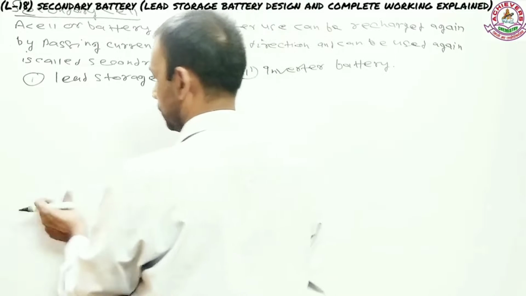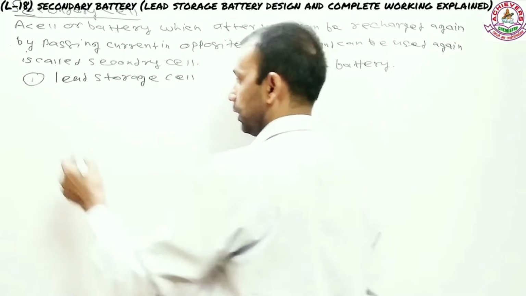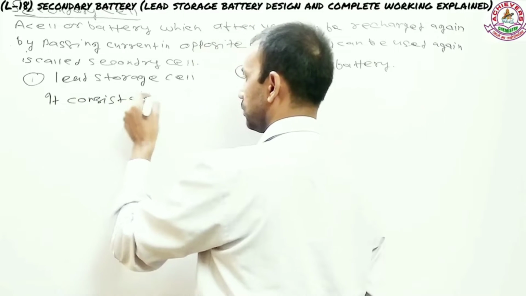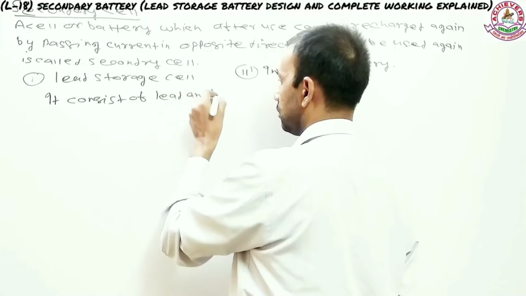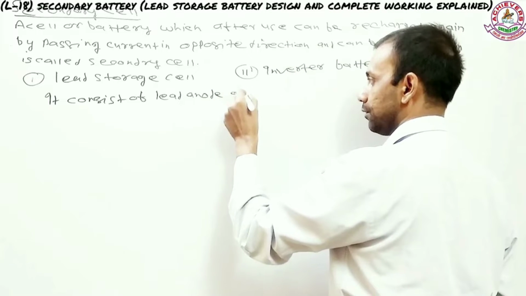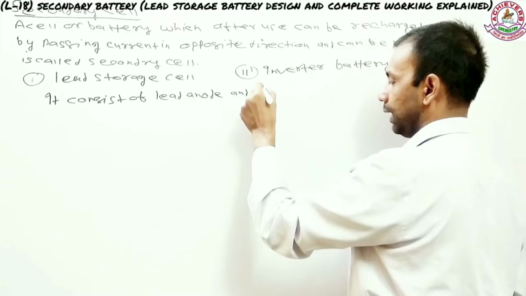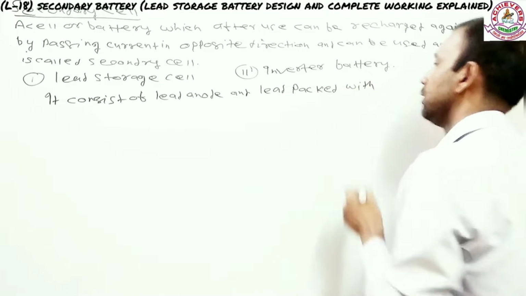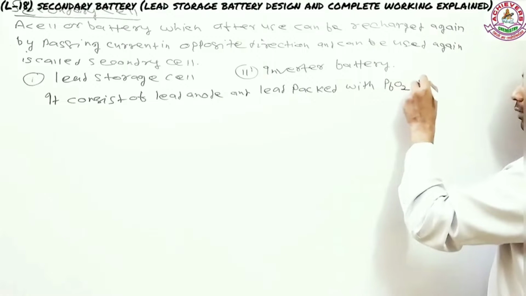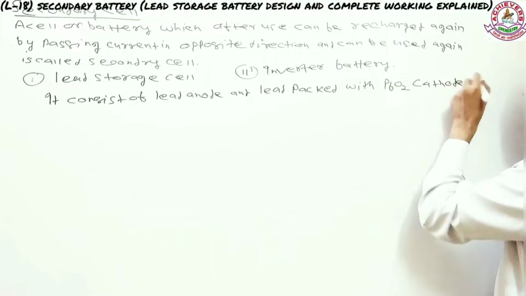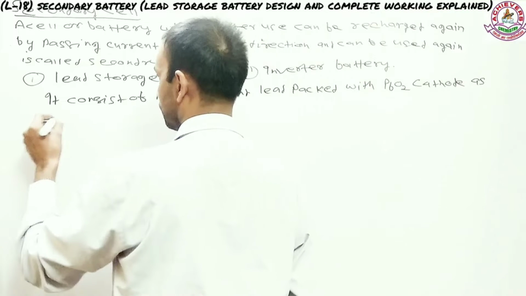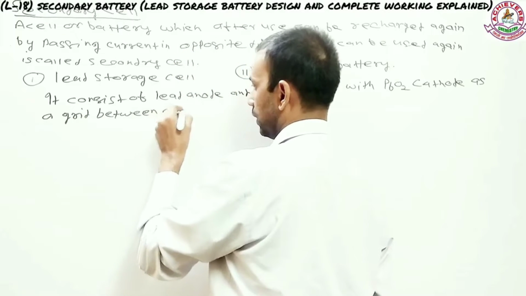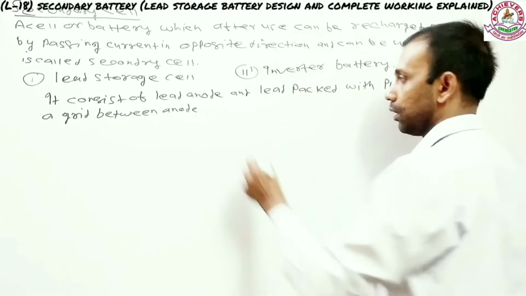I'm trying to help you with my weird diagram here. It consists of a lead anode, and a lead grid packed with lead oxide as the cathode.